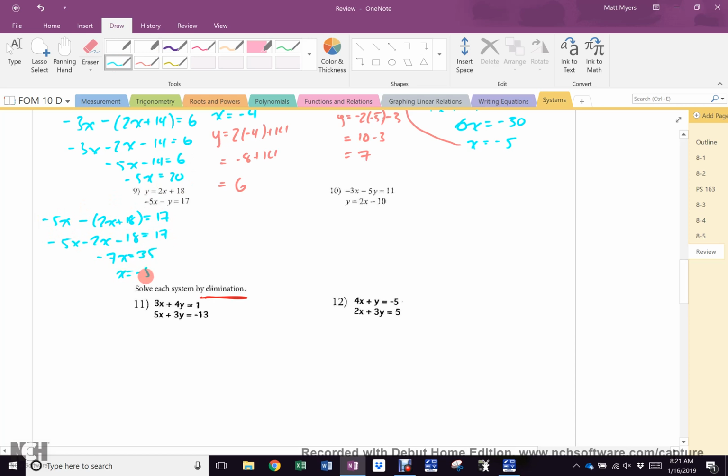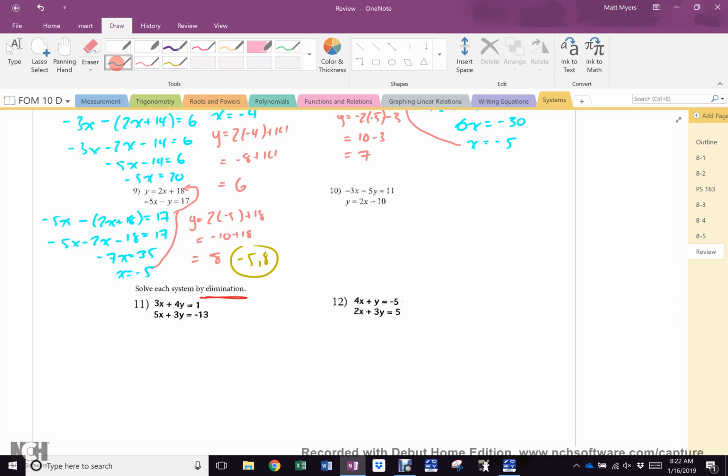X equals negative 5. That, of course, goes in right there. Y equals 2 times negative 5 plus 18. Negative 10 plus 18, 8. And your final answer is negative 5, 8. And, of course, you check. That's positive 25 minus 8 is 17, and we're good.